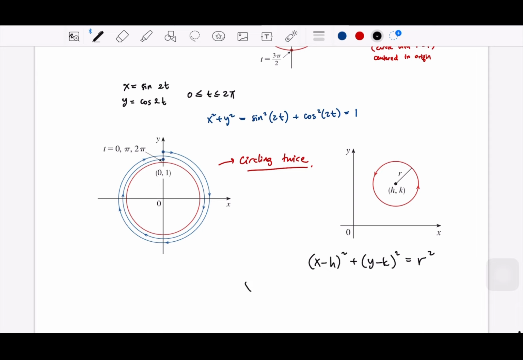And if x is r cosine theta and y is r sine theta, okay.